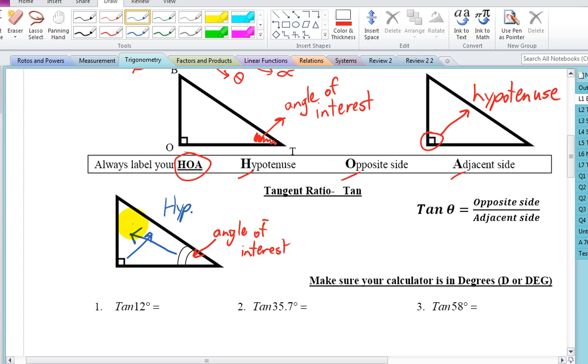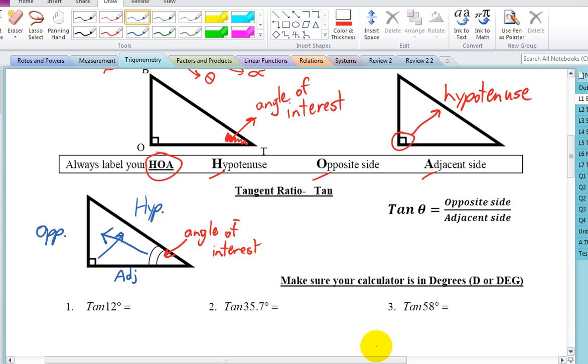The opposite side of the angle of interest would then be called opposite, because it's opposite the angle of interest. And the one remaining is adjacent. So what do you have to label? Your HOA.